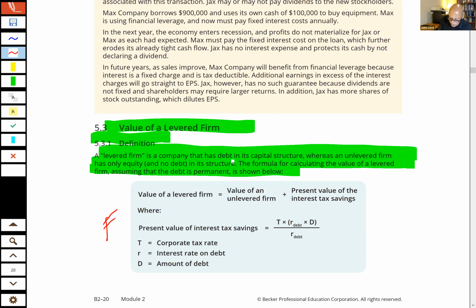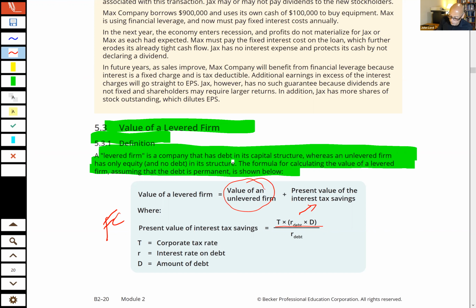And another formula for us. Remember that our debt is deductible. So we're going to take the tax rate and multiply that times the interest rate on the debt, times the amount of debt, and then we divide that by the interest rate on the debt, and that tells us the value of the tax shield.